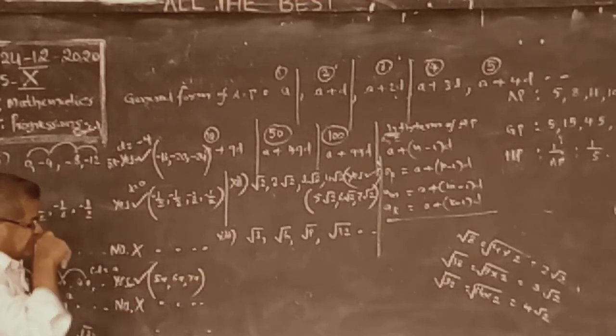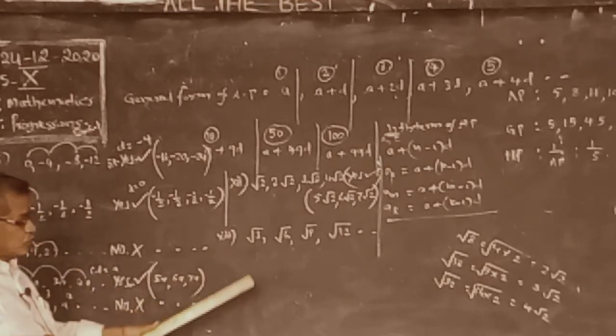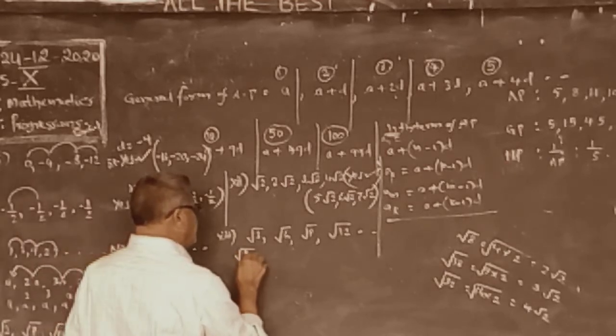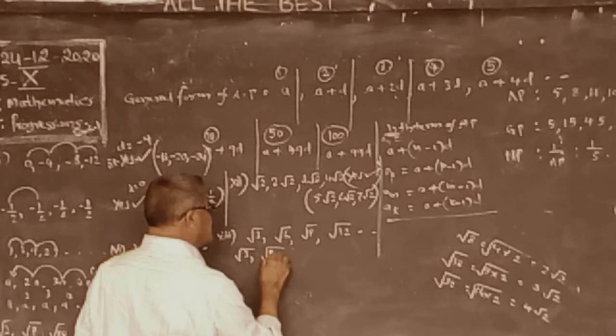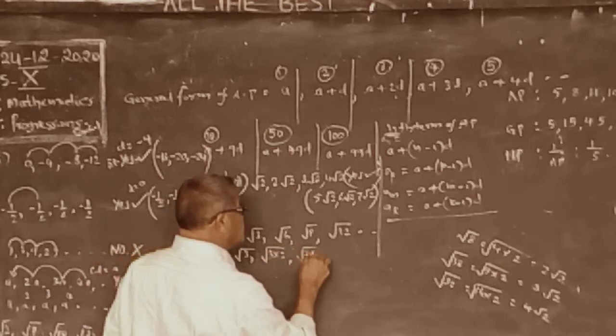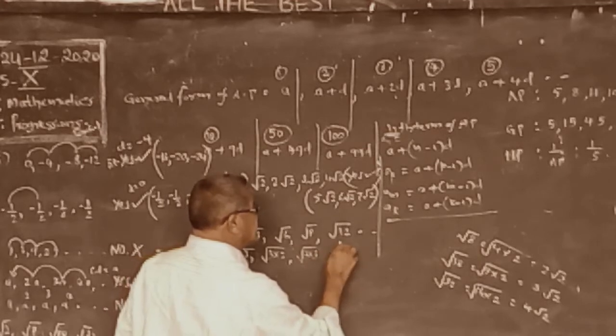13th: root 3, root 6, root 3 into 2. This is root 3 into 3. This is root 3 into 4.